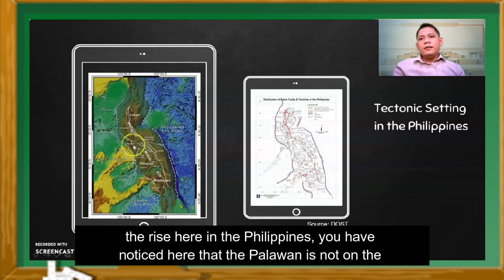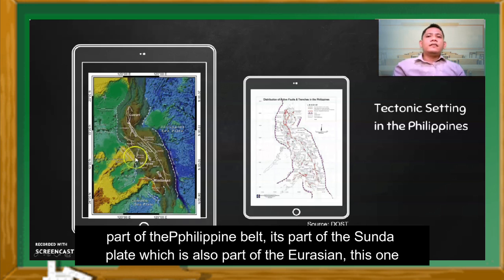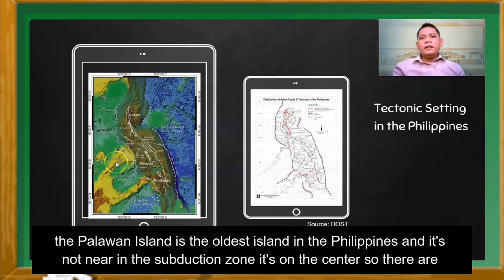You have noticed here that Palawan is not part of the Philippine Mobile Belt. It's part of the Sunda Plate, which is also part of the Eurasian Plate. So Palawan Island is one of the oldest islands in the Philippines. And it's not near the subduction zone, it's in the center.